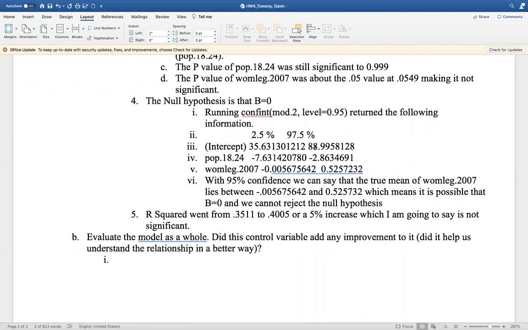That means it is possible that the true mean of women ledge is actually equal to 0. And because it's possible that it does equal 0, we cannot reject the null hypothesis. And because we can't reject the null hypothesis, we can't say that there is a significant relationship there.